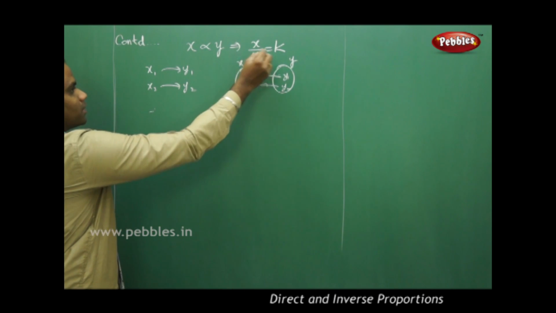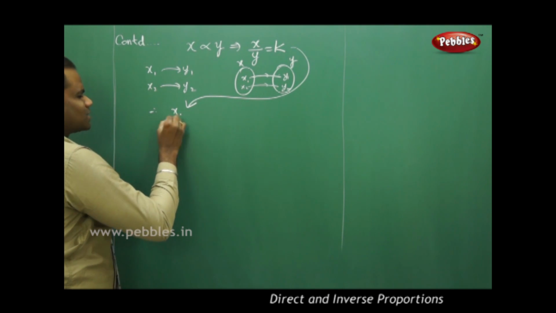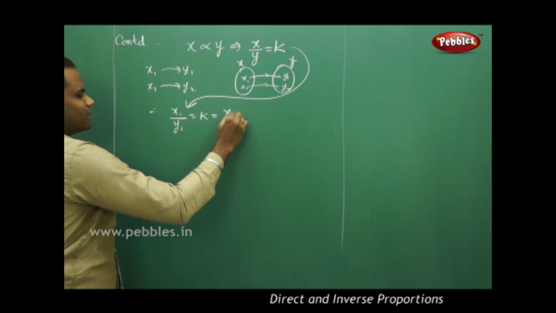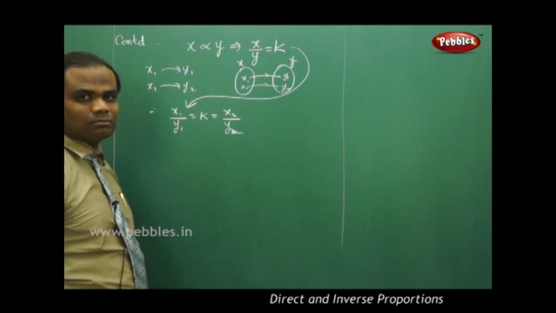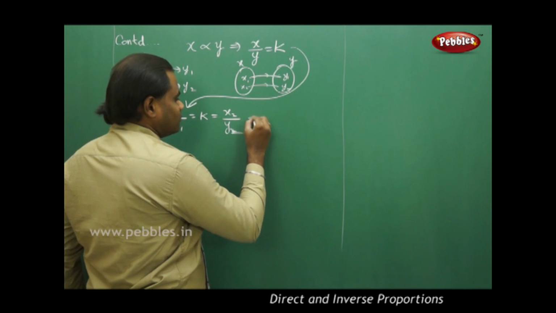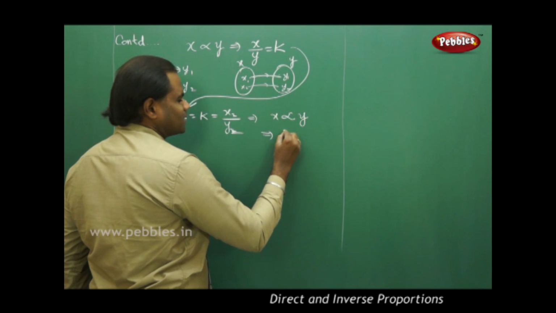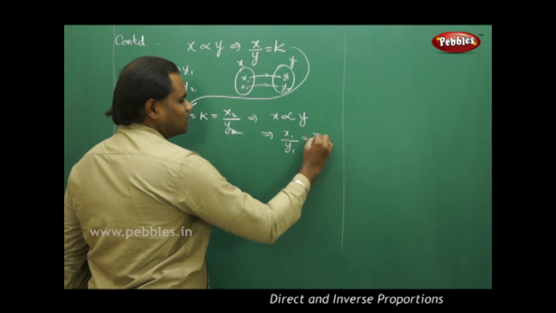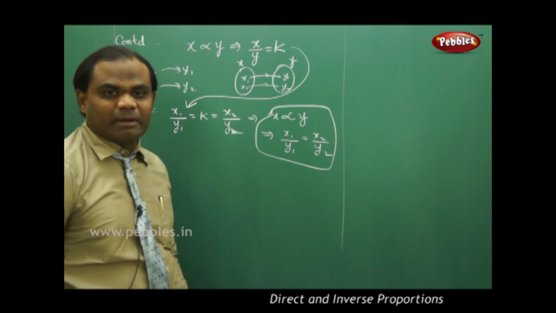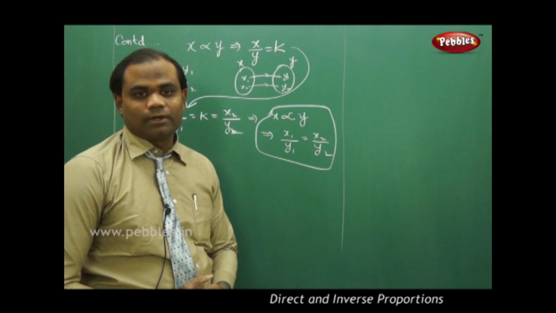Therefore, using the property that the two ratios are constant, I get x1 by y1 must be a constant ratio, equal to x2 by y2. Because the two ratios are constant, both of them indirectly must be equal. Therefore, x directly proportional to y also gives me the property that x1 by y1 equals x2 by y2, which I understand as the mathematical property when two quantities are involved with those respective quantities.